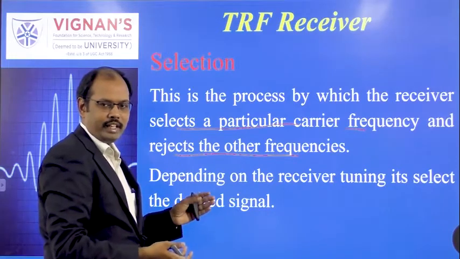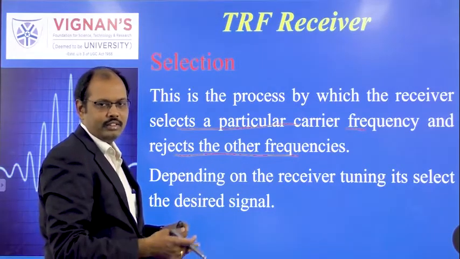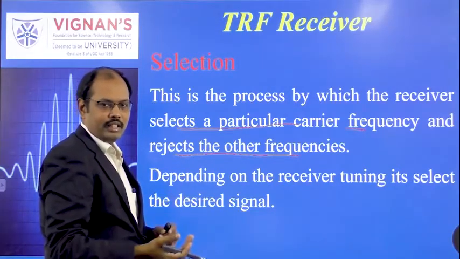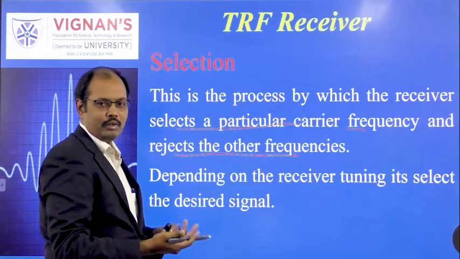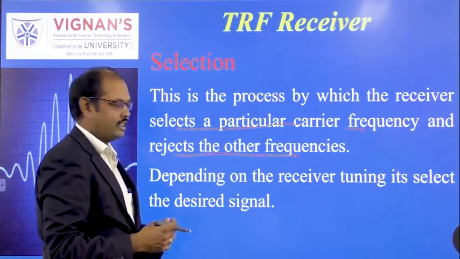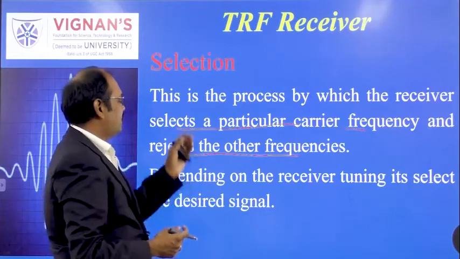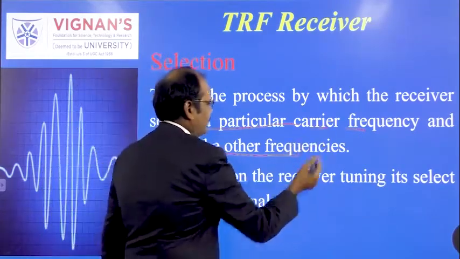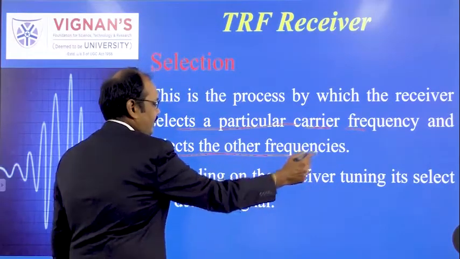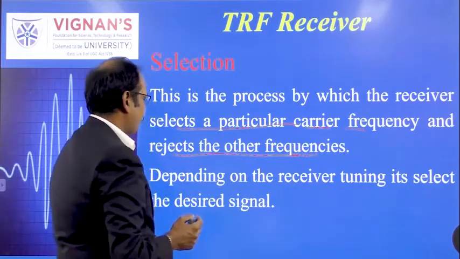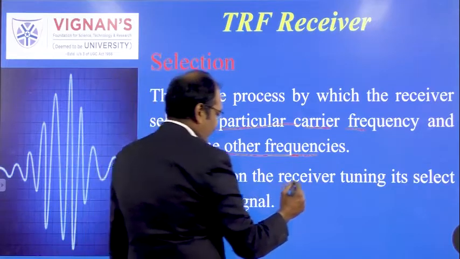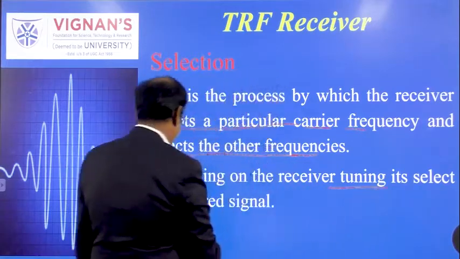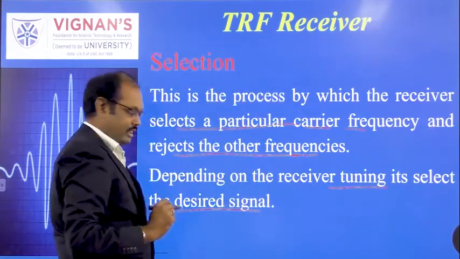If 88 megahertz is received, it will be rejected, and if 100 or 120 megahertz is received, it will be rejected. So depending upon the receiver tuning, it selects the desired signal.